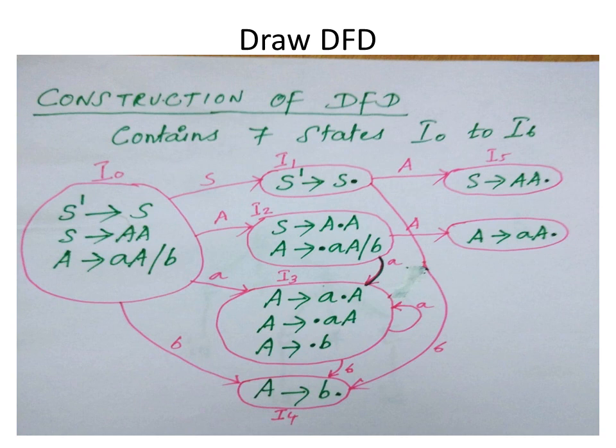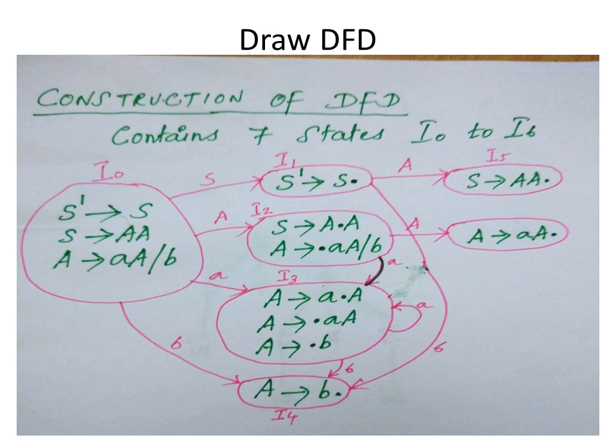Then from I0 to I2, how are we moving to the I2 state? By taking capital A, on capital A, the DFA diagram moves from I0 to I2.